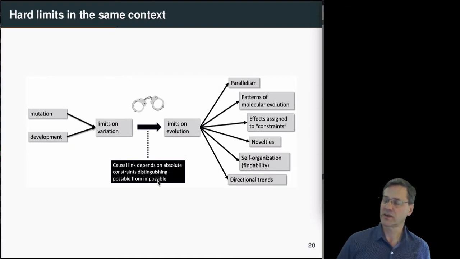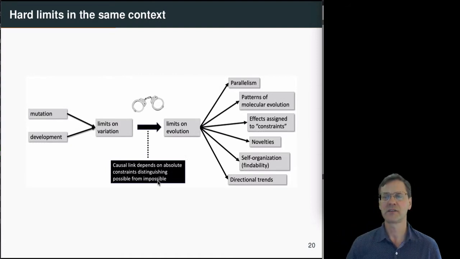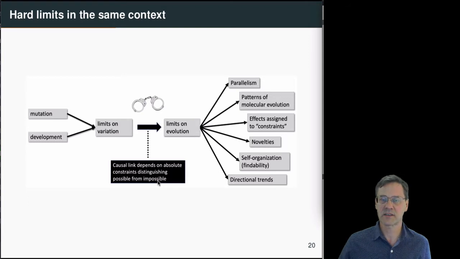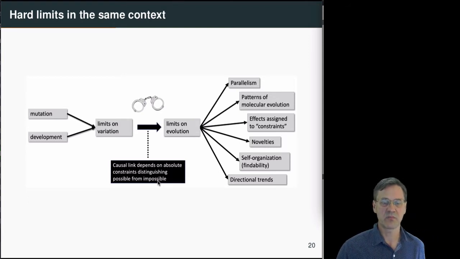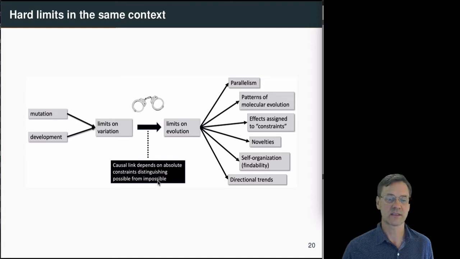The folk theory of hard limits is invoked a lot in the literature, but I don't think it's a very useful theory unless one interprets it loosely. It can't explain those effects of transition-transversion bias that we talked about previously, because they're not hard limits. It's just a quantitative bias. It doesn't explain the findability phenomenon that we'll discuss a bit later.